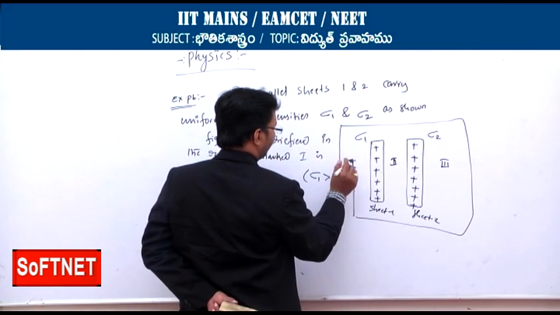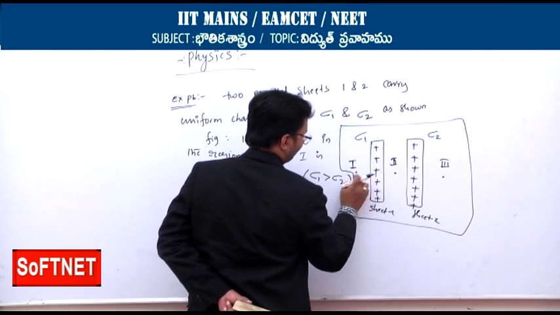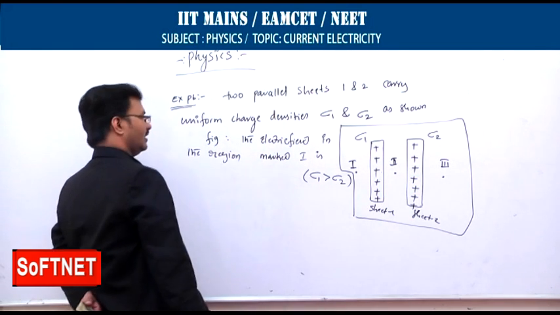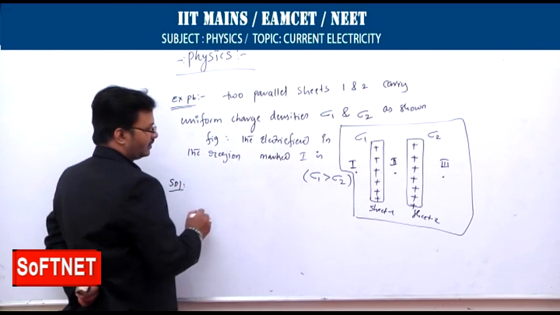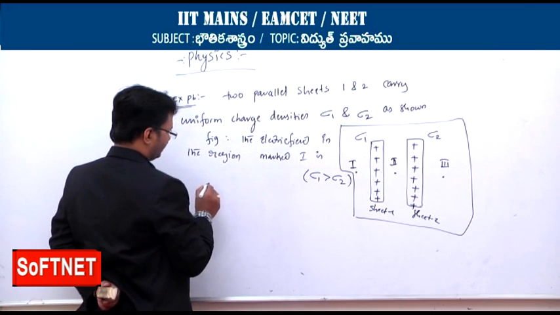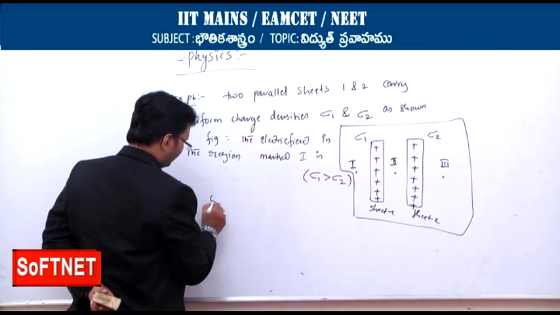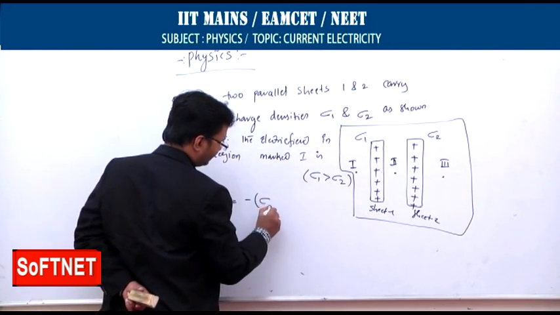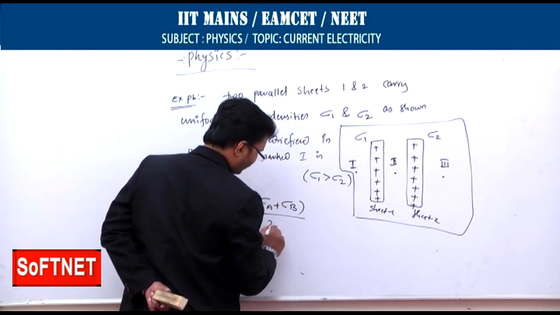For this one, this point is on the left side only, and for this case also the left side only. Now, in region 1, the point is on the left side. Already we know E net is equal to minus of sigma A plus sigma B by 2 epsilon naught.